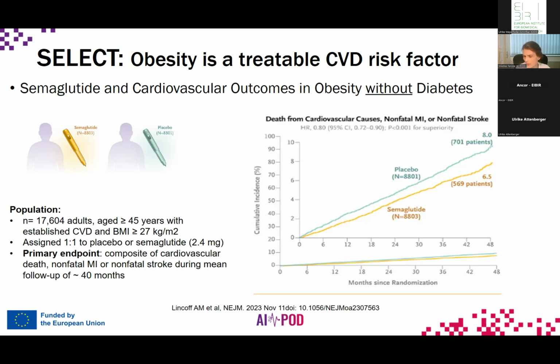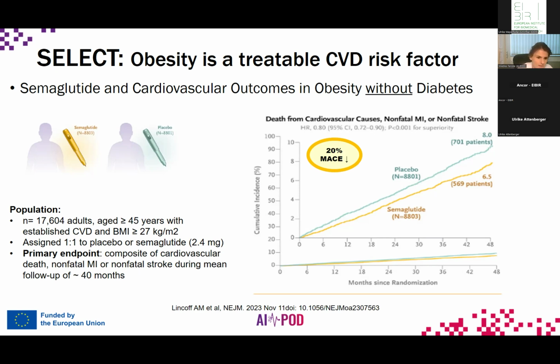And the primary endpoint, and that's all I want to show here, was a classical 3-point MACE endpoint, a composite of cardiovascular death, non-fatal heart attack, or non-fatal cerebrovascular event during a mean follow-up of 40 months. And outcome data show that treatment with semaglutide quite impressively reduced the MACE risk by 20% compared with placebo over a mean follow-up period of 40 months.